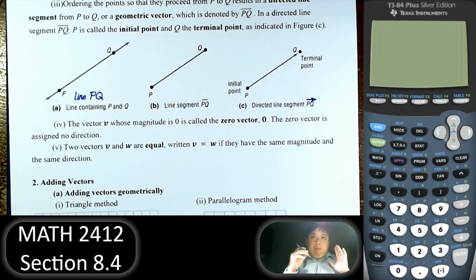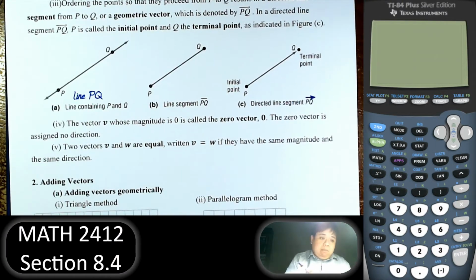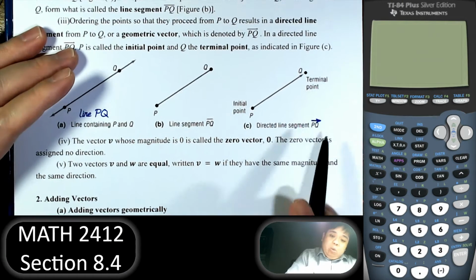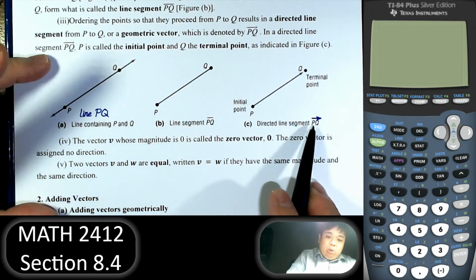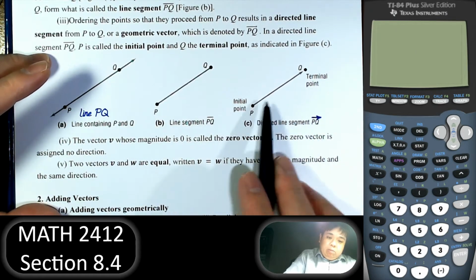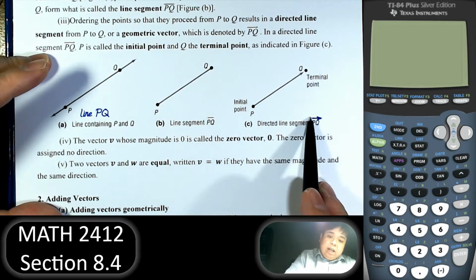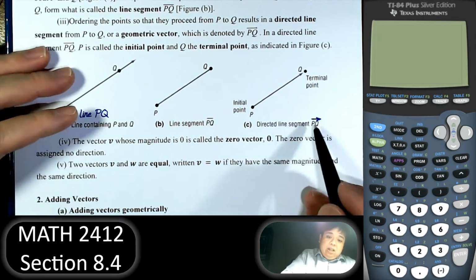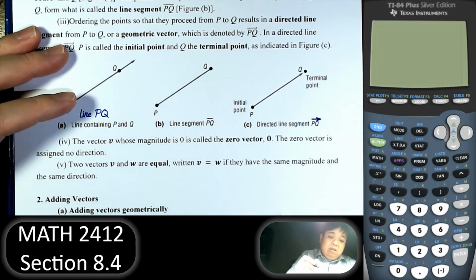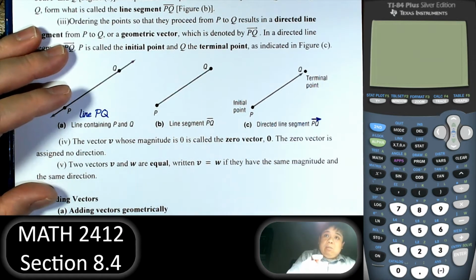By the way, the most important thing here is the notation for vector. We can write PQ with an arrow on top of it if there are two endpoints, an initial and a final point, to indicate a vector. If we represent a vector by one letter, that has to be boldface.